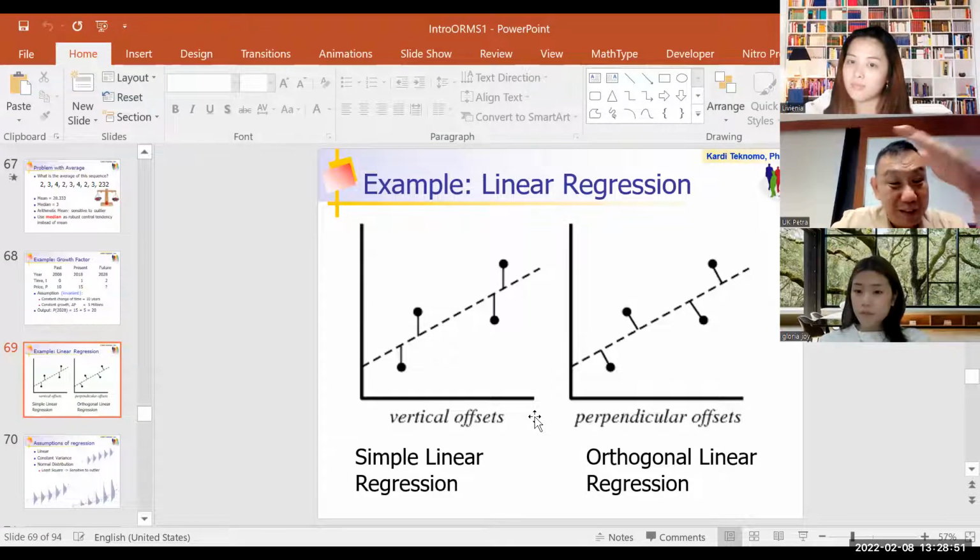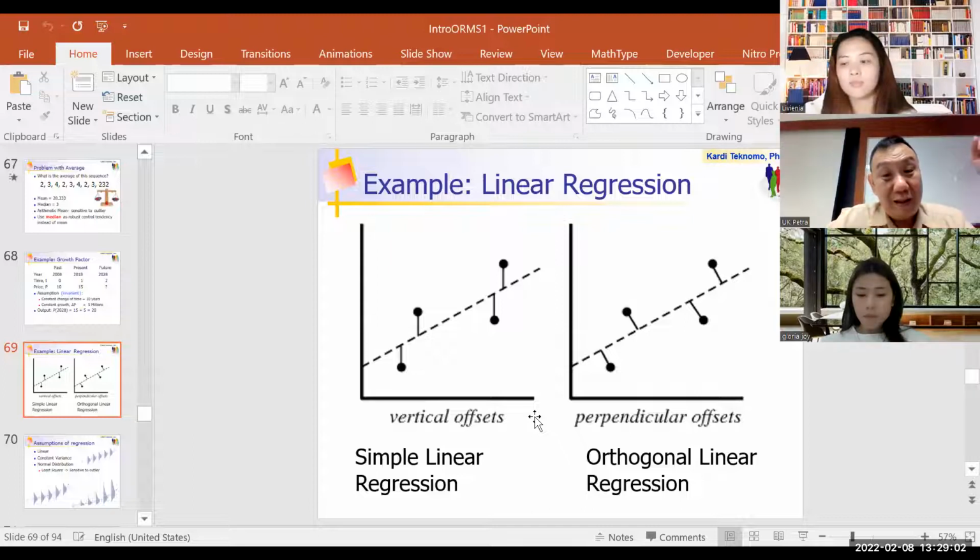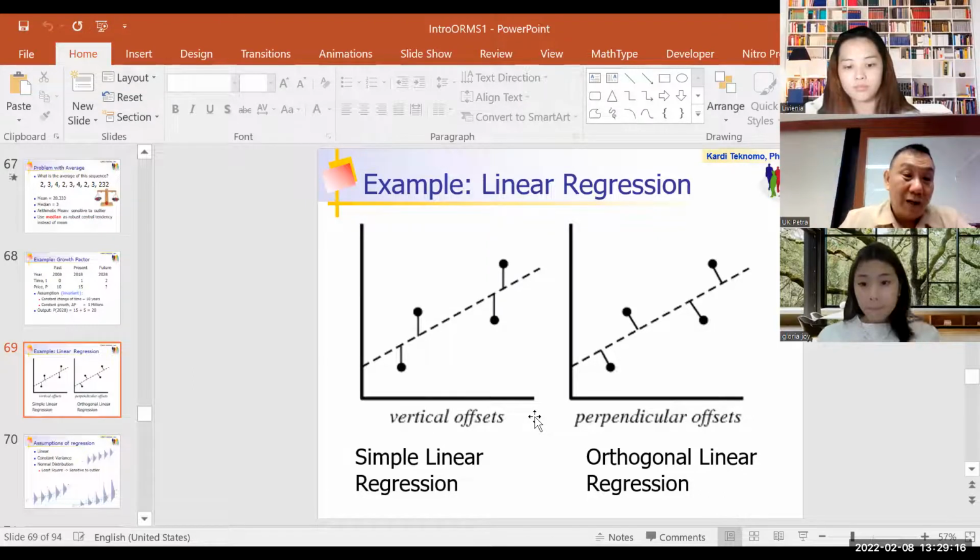So in fact, simple linear regression is simple, using the mean, based on normal distribution, but this is not robust. The right side here is actually robust linear regression. This is sometimes called orthogonal, because the error must be orthogonal, perpendicular to the model.